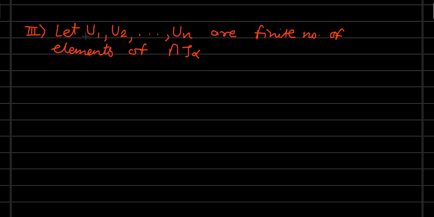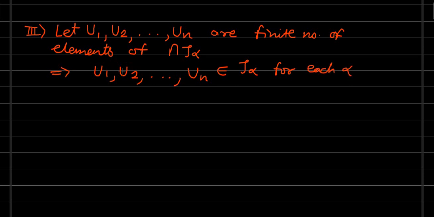Now if each u1, u2 up to un belongs to the intersection of τα, this means that u1, u2 and so on up to un belong to τα for each value of alpha. So u1, u2 up to un, all of them belong to each τα.